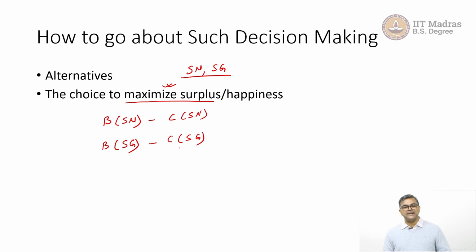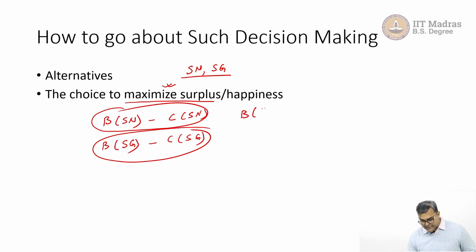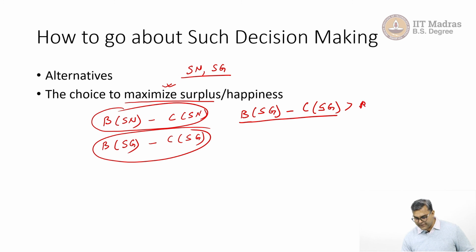What is given? That if you did not have this free ticket that was given to you, you would have selected Shreya Ghoshal and not Sonu Nigam. So, what it means is that this is larger than the first one. So, we can say that the net benefit from Shreya Ghoshal is greater than the net benefit from watching Sonu Nigam.